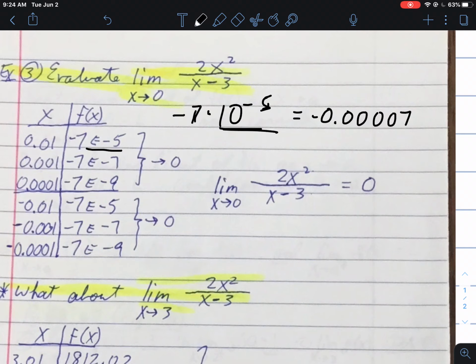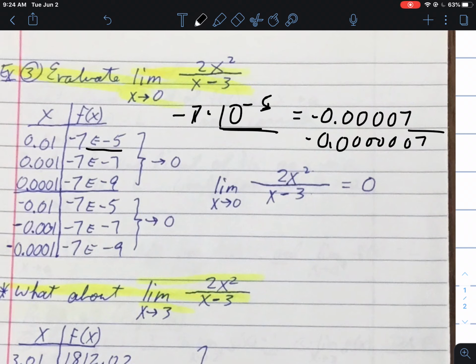And then the next one is negative 7e negative 7. Well, what does that mean? I'm just going to have to add a couple more decimal places here, so I get negative 0.0000007. So what's happening is these numbers are getting smaller and smaller and smaller, right? Negative 7e negative 9, I'm just going to throw in a couple more zeros.